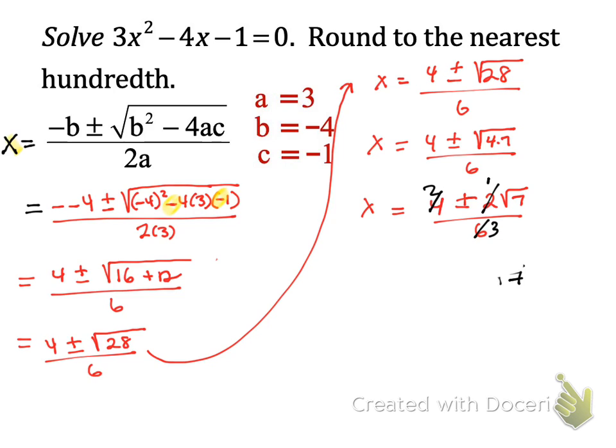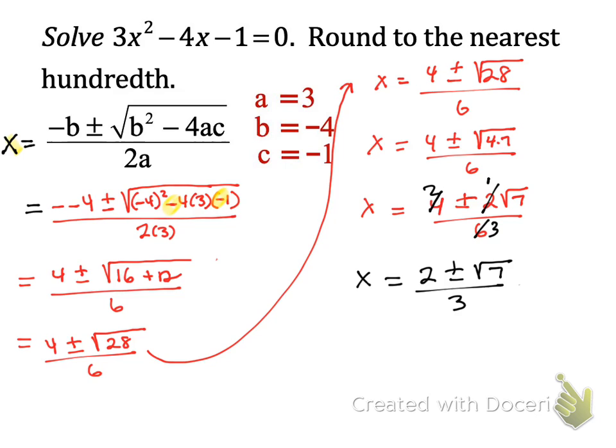Do you understand? And so then I've got x equals 2 plus or minus rad 7 all over 3. Now, that's perfectly fine if they ask you to just solve.